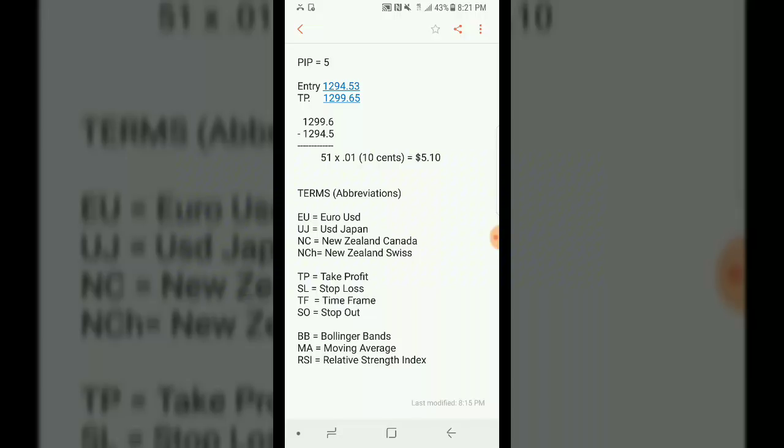TP is take profit. SL, stop loss. TF, time frame. SO is a stop out. BB on the chart, Bollinger Bands. MA, moving average. RSI, relative strength index. There's obviously quite a bit more on the abbreviations and terms, but you will be able to learn more.